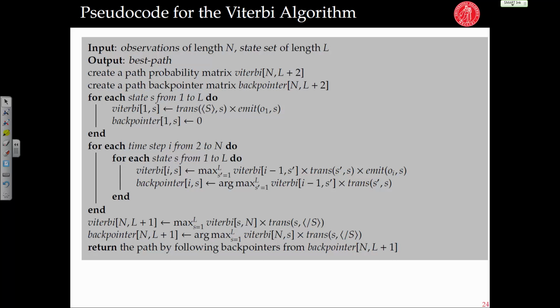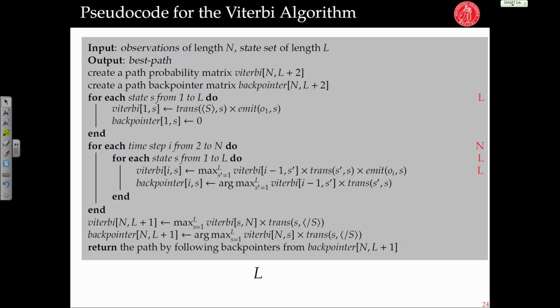So this is our pseudocode again. Let's see how many loops we have and how expensive this algorithm is. We have a first loop, the initialization, looping up to L, the number of states. Then we have another loop running up to N, the size of the input sequence, and another L nested within it.